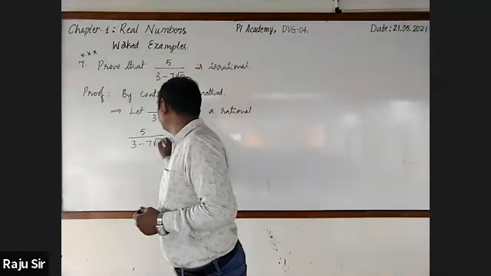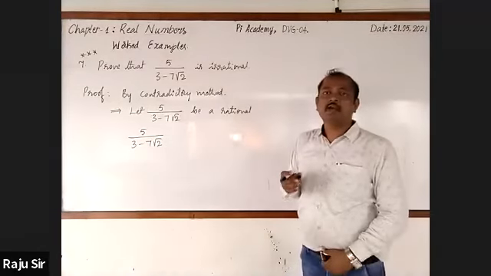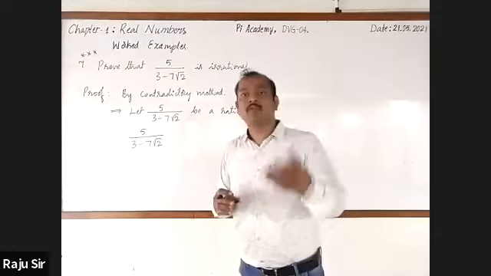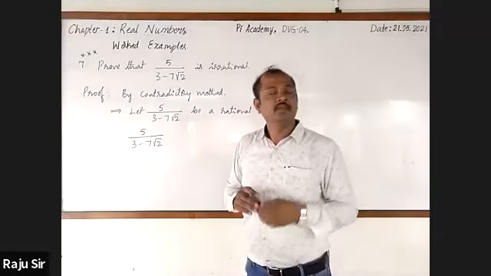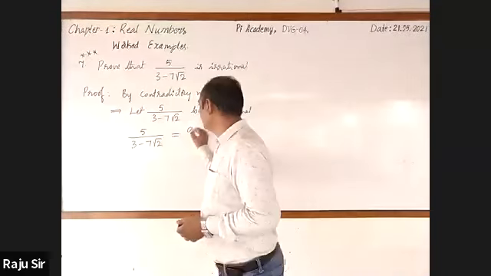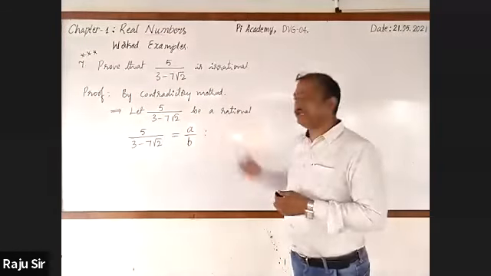Every time we have taken P by Q, let's go for taking other letters also, because one student has asked, sir, can we go for using A by B? You can, even X by Y also. So here I'll go for taking A by B. Then what do you say about A and B?